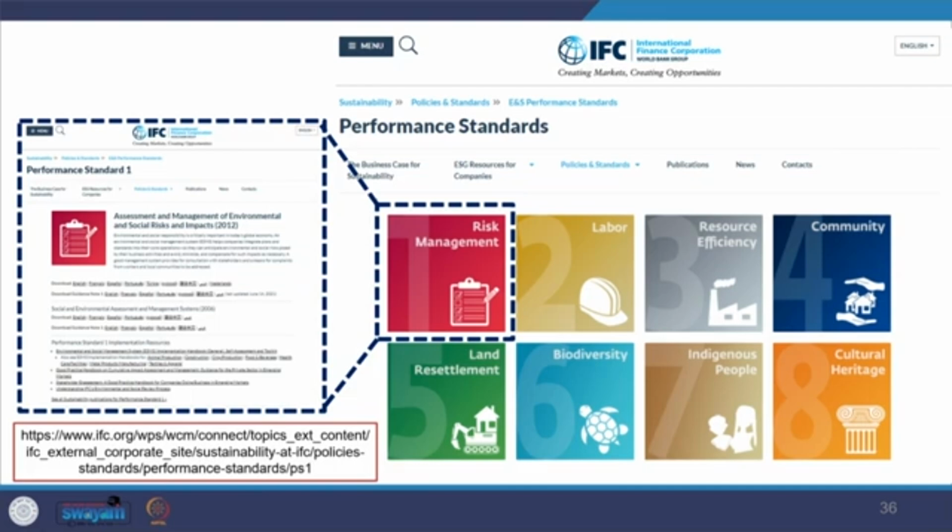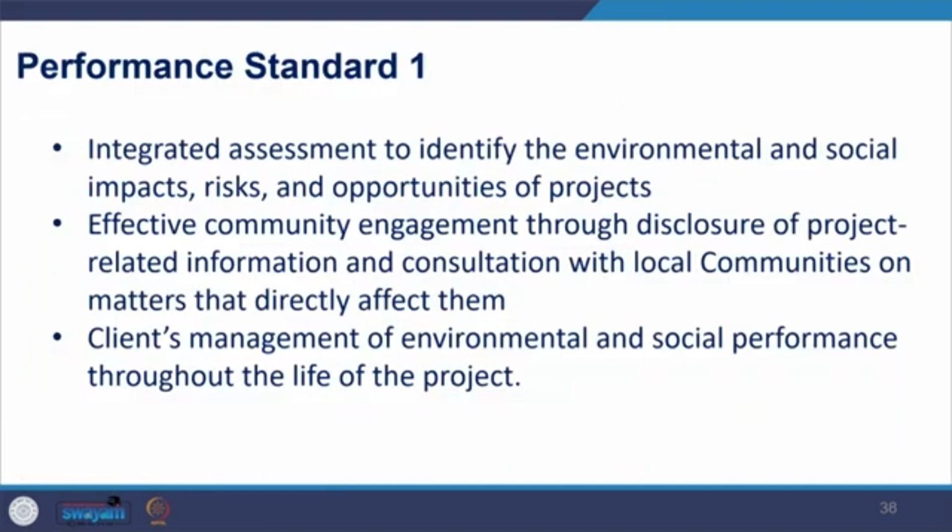Then effective community engagement has to be taken care of, and the client's management of environmental and social performance throughout the life of the project has to be taken care of.